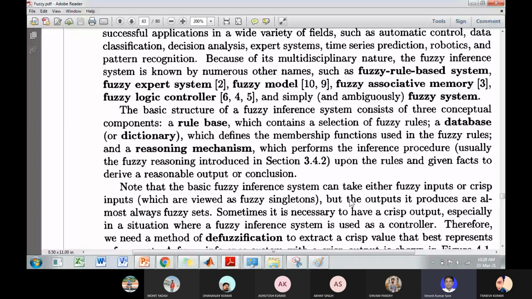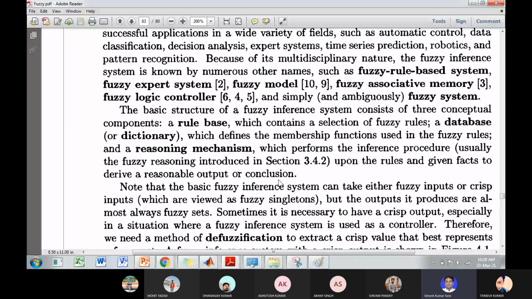Suppose depending on the sensors, we are recording the data each time, and we have prepared a database for the obstacle distance and the braking force. Then each time there will be a variation in obstacle distance and a variation in steering angle or braking force.